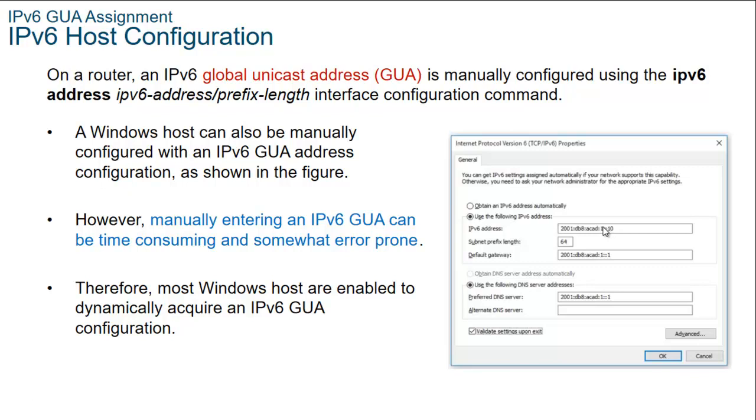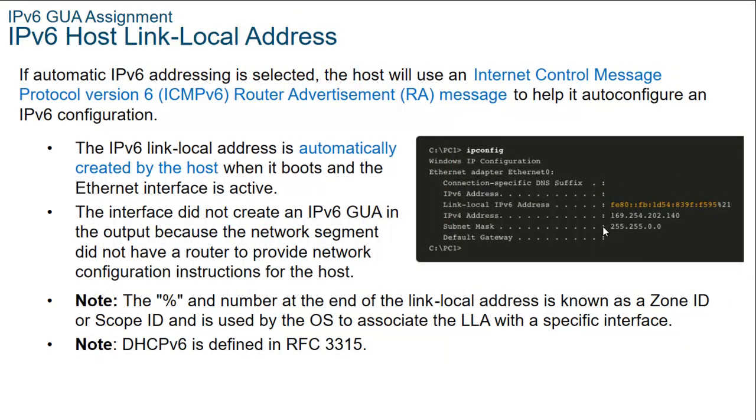Therefore, most Windows hosts are enabled to dynamically acquire an IPv6 GUA configuration. If automatic IPv6 addressing is selected, the host will use an ICMPv6 router advertisement message, or RA. This message is to help it auto-configure an IPv6 configuration.